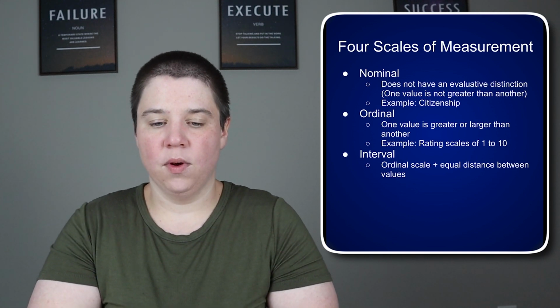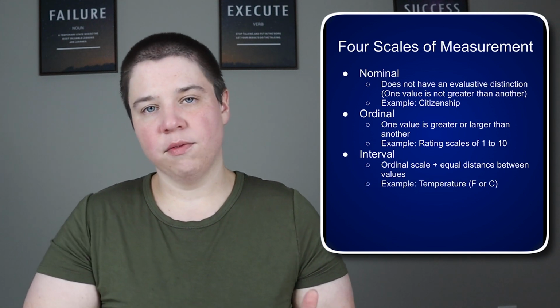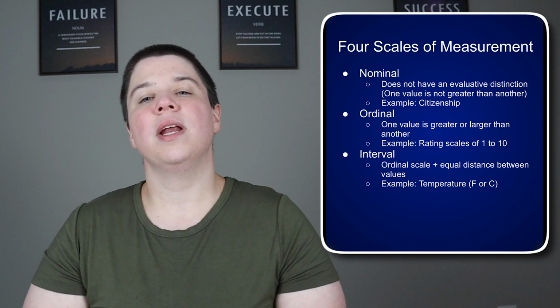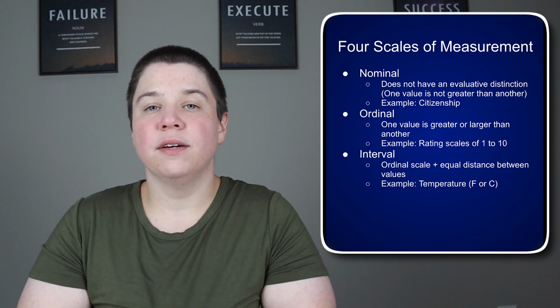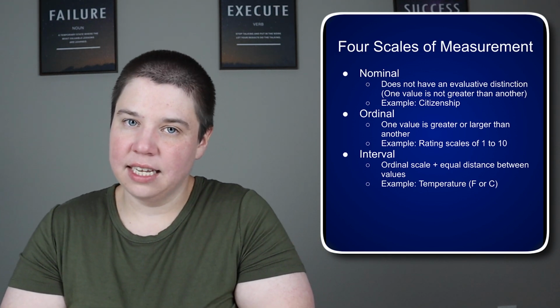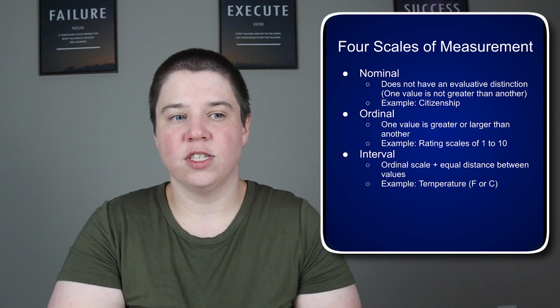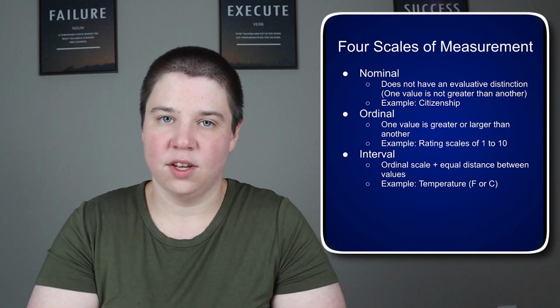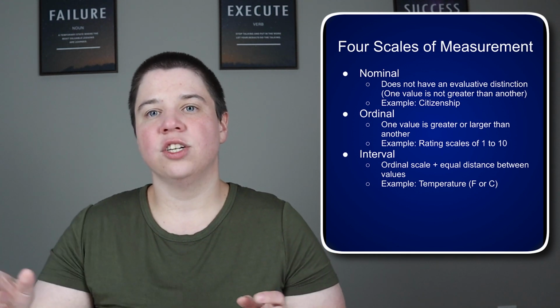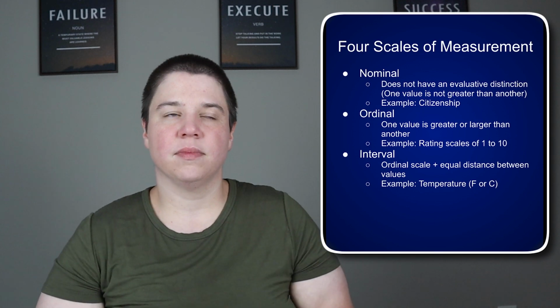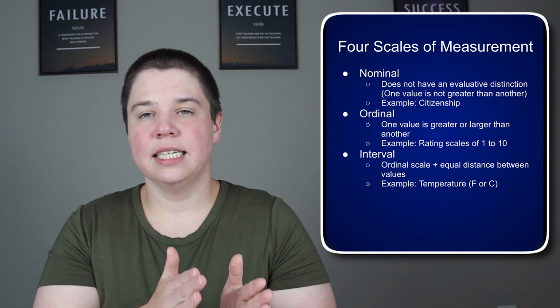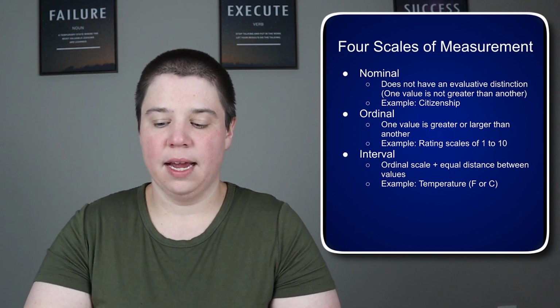So for example, if you have temperature in Fahrenheit or Celsius, you would have interval data. The difference between 96 degrees and 97 degrees is the same amount of difference between 34 degrees and 35 degrees. Basically, the distances between those measurements are the same.